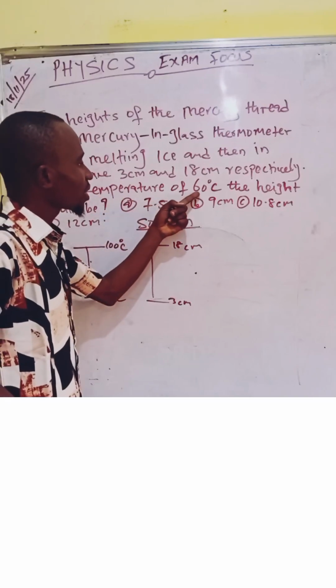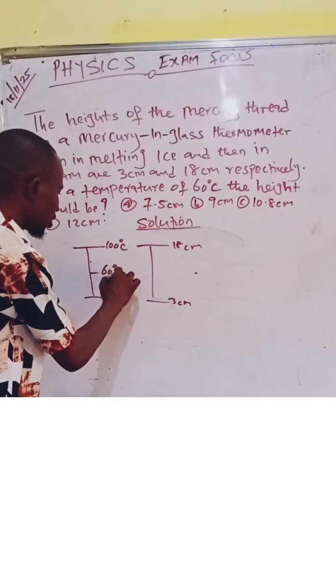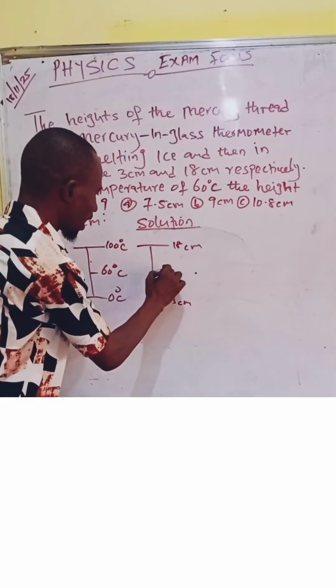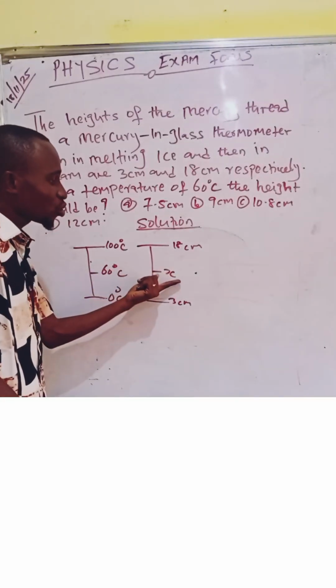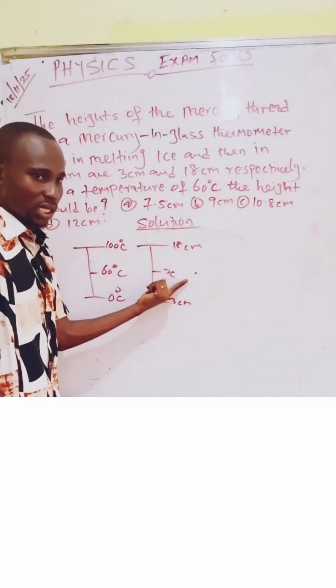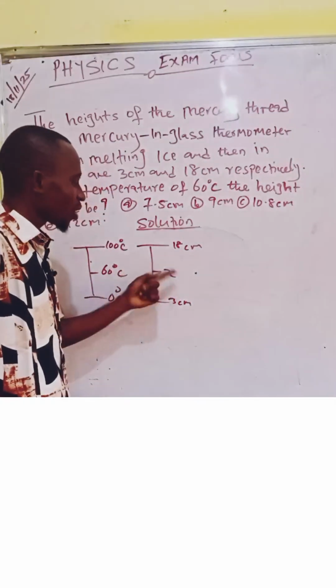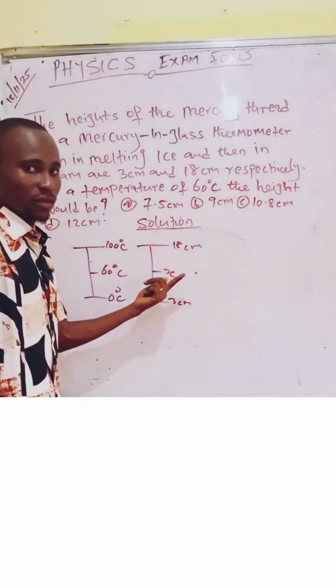So here I have my 60 degrees Celsius. The height is x, we don't know. At 60 degrees, what is going to be the reading on this thermometer? That is what it means, right? At 60 degrees, what is going to be the reading in centimeter?